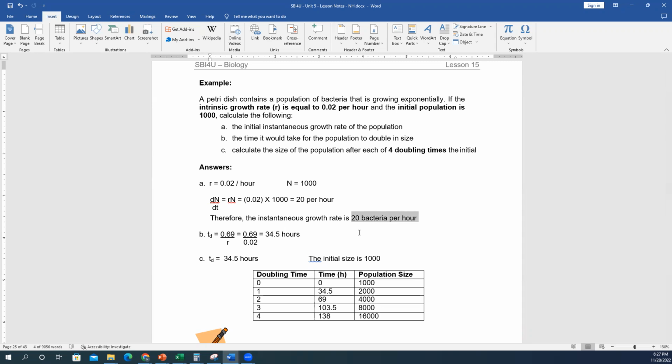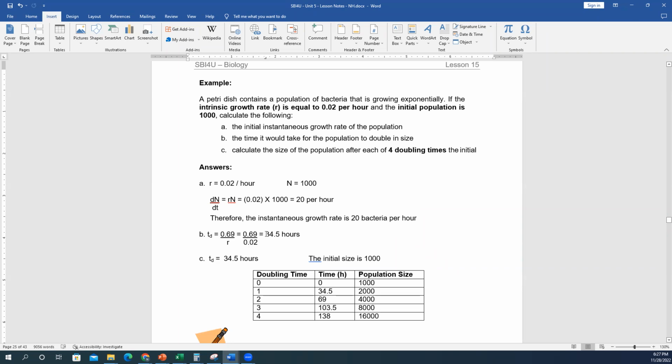The second part of the question: the time that it would take for the population to double in size. We can use that equation to calculate the time for doubling, or T lowercase d here. So 0.69 divided by R, and we know the value of R, 0.02 per hour.